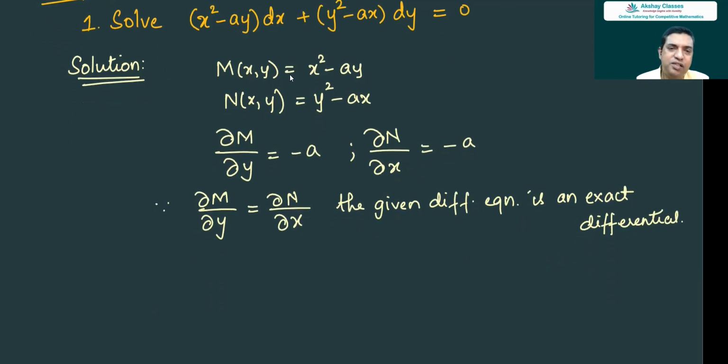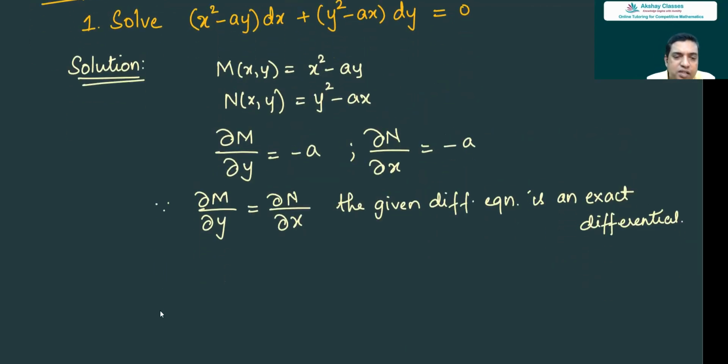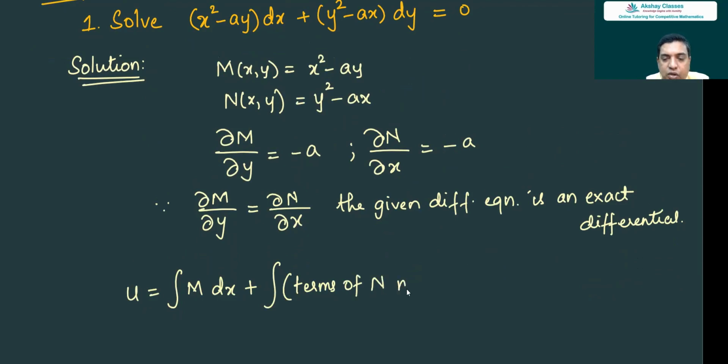So you can convert this to du. So how to do this? u is the integral of M dx plus the integral of terms of N not containing x dy.